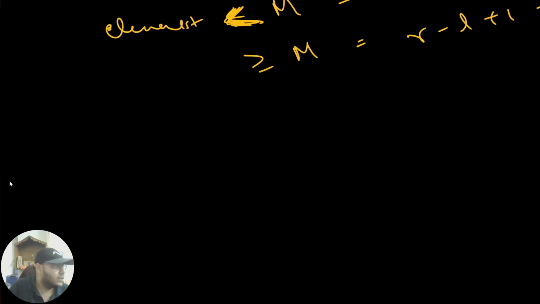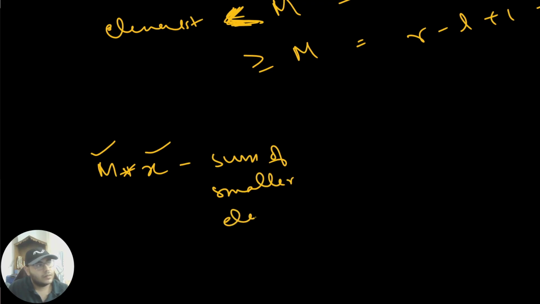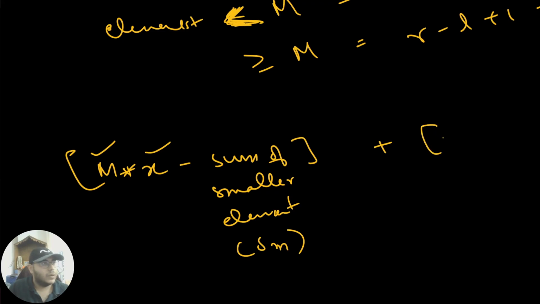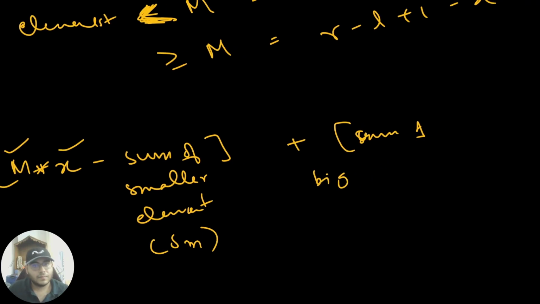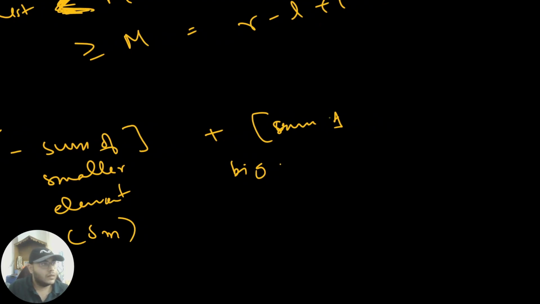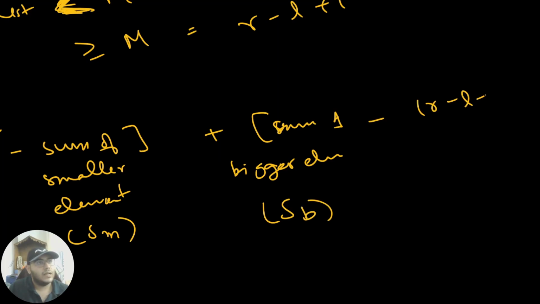For any query, the answer is basically M into x, which is the median times the number of smaller elements, minus the sum of smaller elements, let's call it sm, plus the sum of bigger elements, let's call it sb, minus R minus L plus 1 minus x into M.